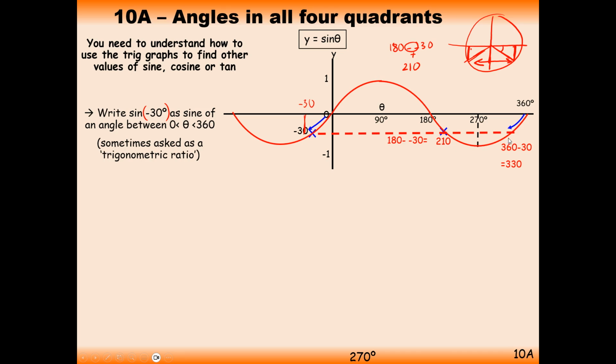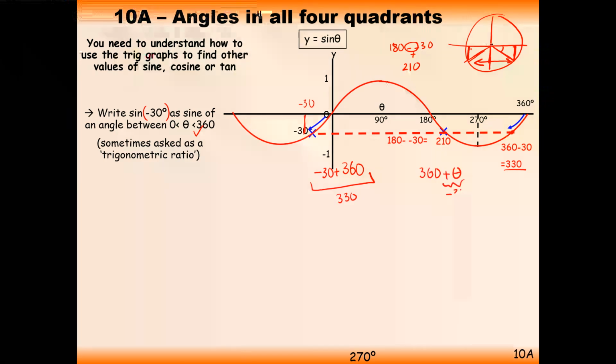If you had to find the other answer between 0 and 360, that's not the only answer. That theta was negative 30, so I will just add 360 to it, and this answer is 330. That's how we get there. Or you could go backwards and say 360 plus theta, it's the same thing, because our theta is minus 30.